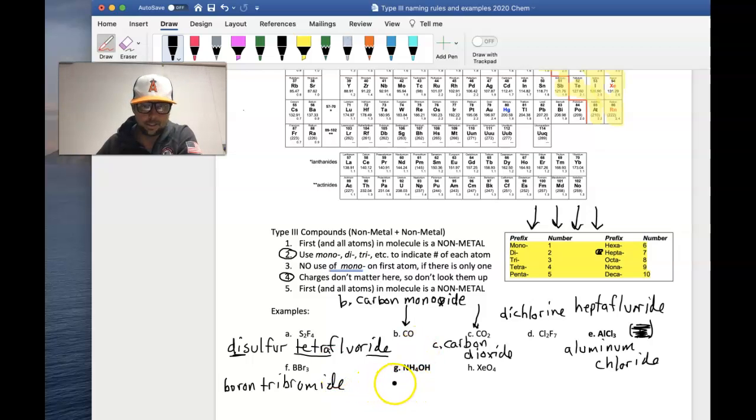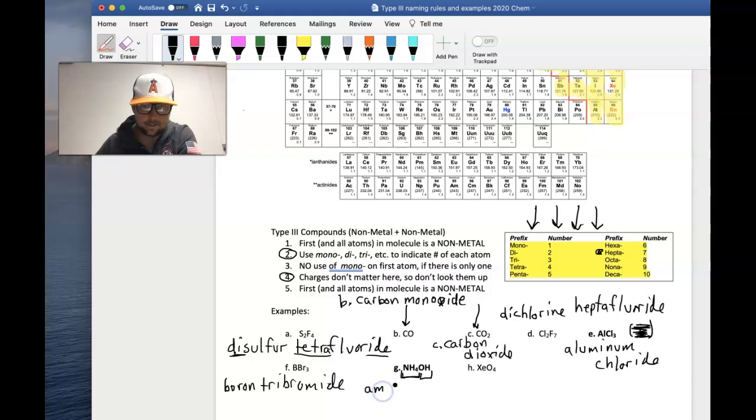And then for the letter G, it looks like we have all sorts of nonmetals. So some new students might say, oh, here's nitrogen, tetrahydrogen, monooxygen, monohydride. That sounds like a horrible amount of naming. So this is why we were so deliberate about giving names to our polyatomic ions. So NH4 is definitely the ammonium ion.